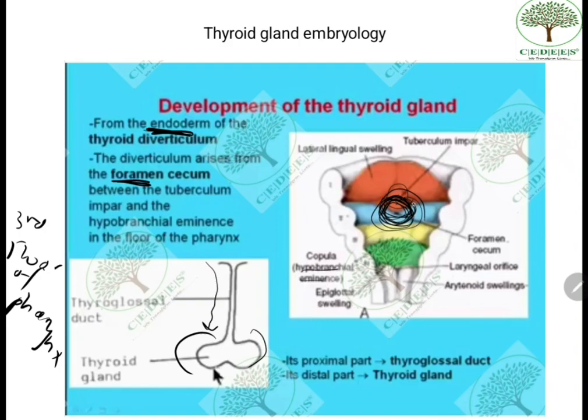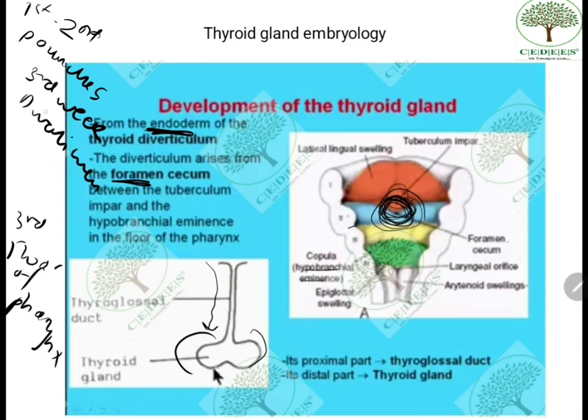So this process, as you can see, happens between the first and the second pharyngeal pouches. So the important thing is, between the first and the second pouches, at the 3rd week it starts developing from the diverticulum and it is originated from the endoderm.